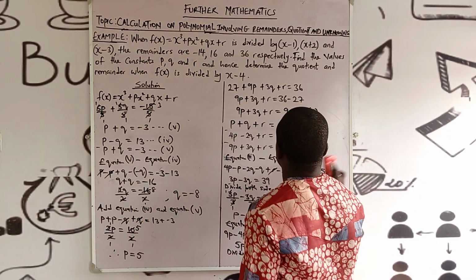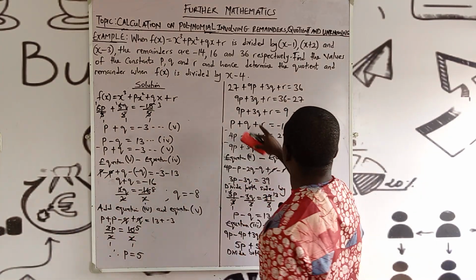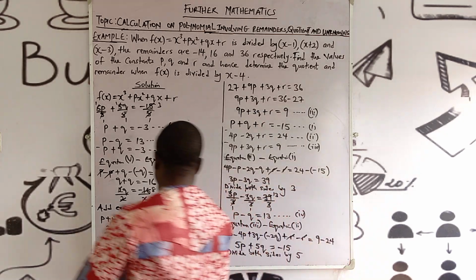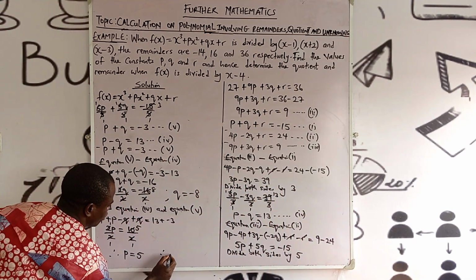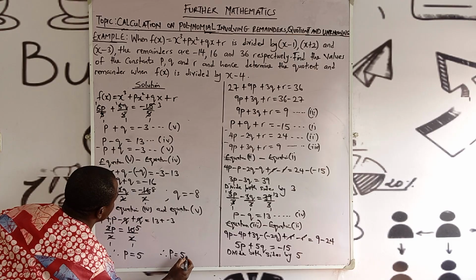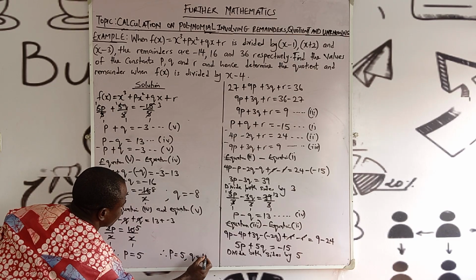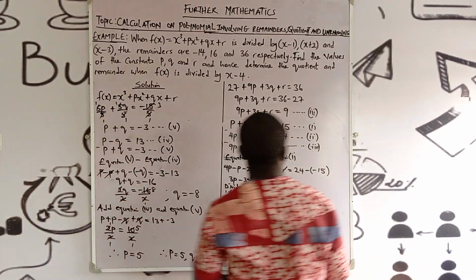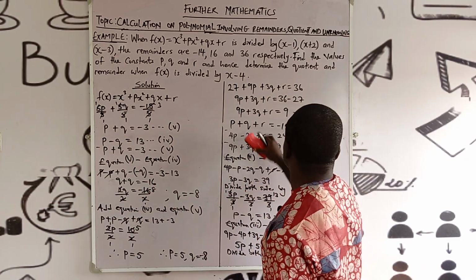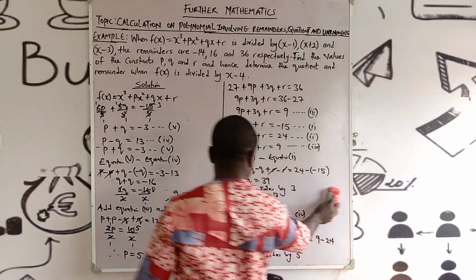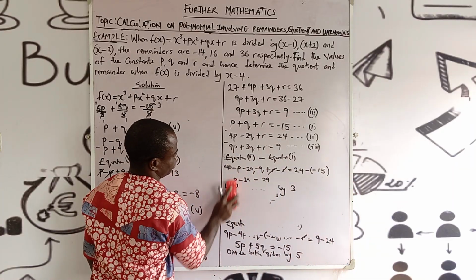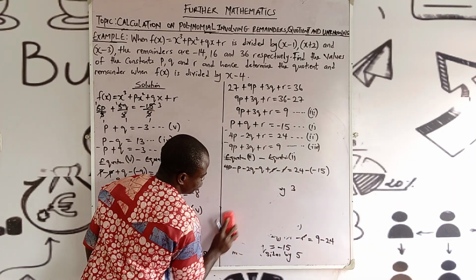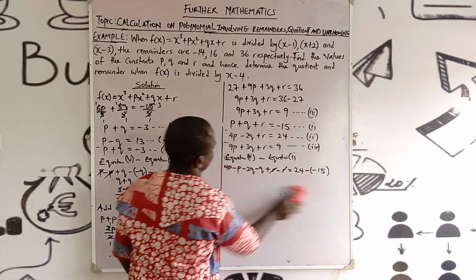Now we can go back and substitute the values. Our p equals 5, q equals minus 8. Come back to equation 1 and substitute your values to get r.